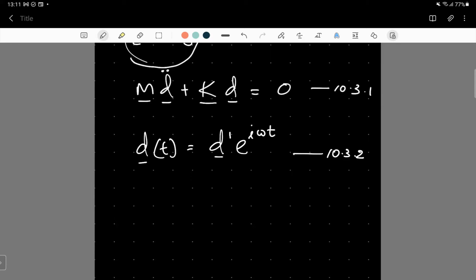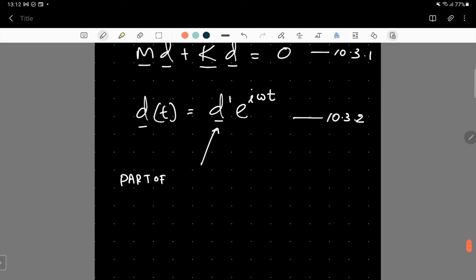Here, d dash is part of the nodal displacement matrix, also called natural modes.